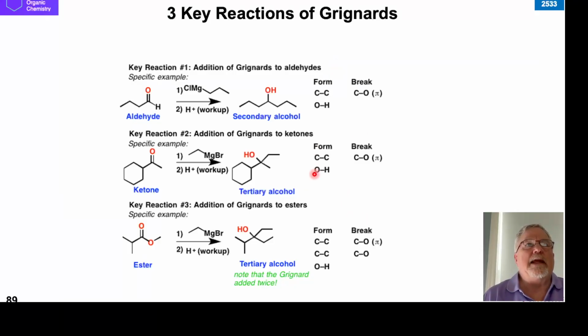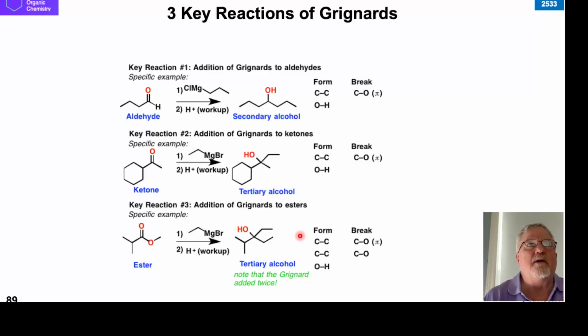So here are the three key reactions of Grignard reagents. Addition of Grignards to aldehydes gives us secondary alcohols, except for that one instance when we use formaldehyde and we can get a primary alcohol. Addition of Grignards to ketones gives us a tertiary alcohol. And with esters, we get two of our Grignard reagents attached to the carbonyl carbon, and we also get a tertiary alcohol.